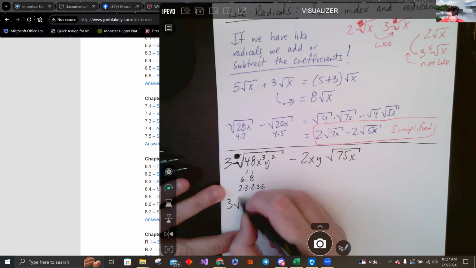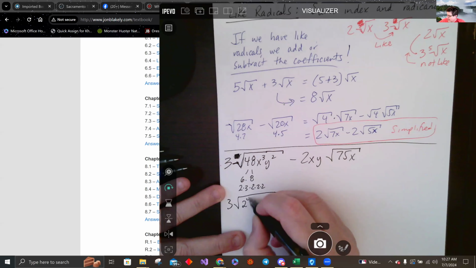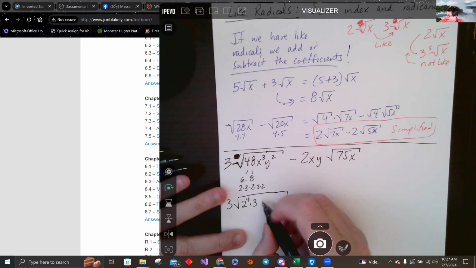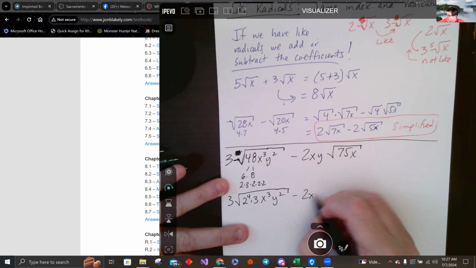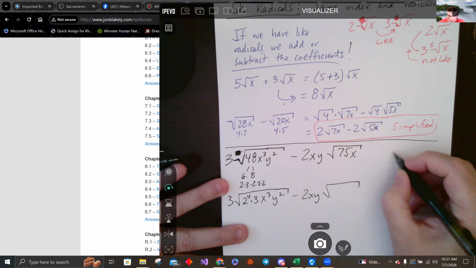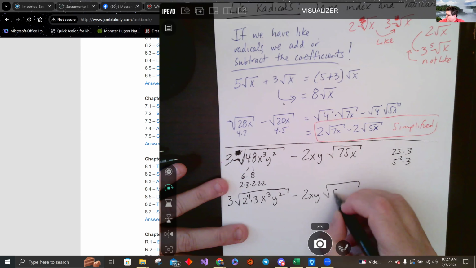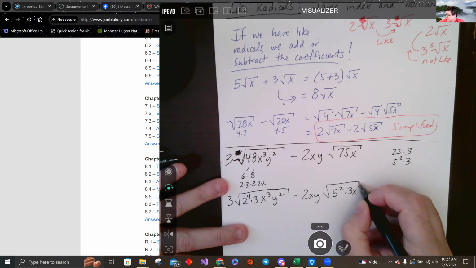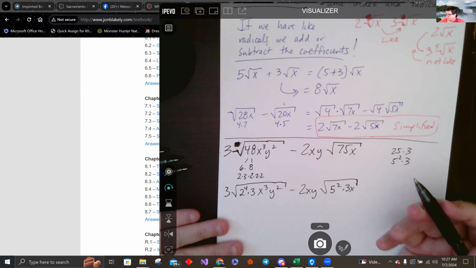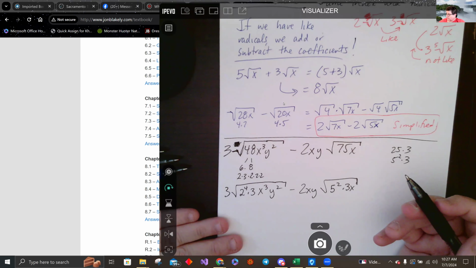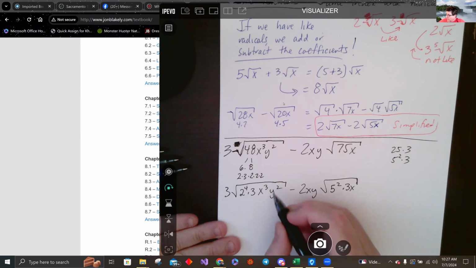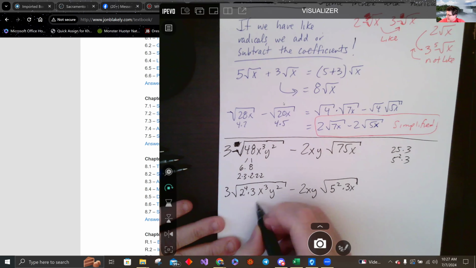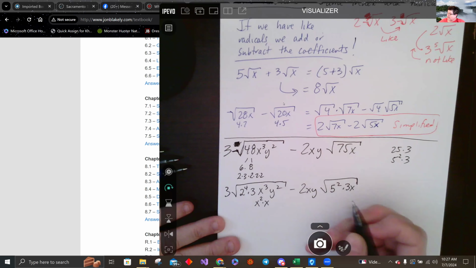So I've got 2 to the 4th power times 3 x cubed y squared minus 75, which is 25 times 3, which is 5 squared times 3x. We're going to break this x up into x squared times x.